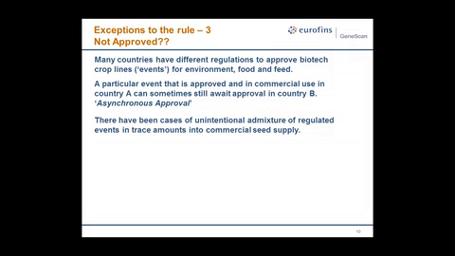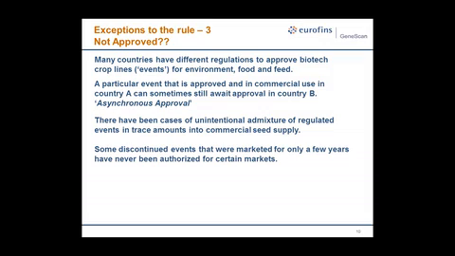In these situations, even trace amounts can jeopardize, certainly in the seed supply, the whole crop, which is what we saw with the inadvertent release category for rice and flax. There are also discontinued events that were marketed for a while but then withdrawn, and markets are intolerant of those as well.